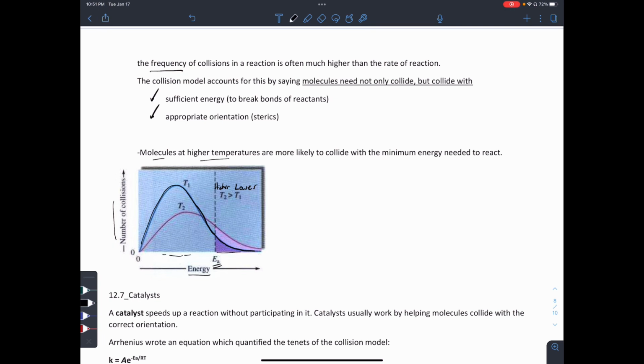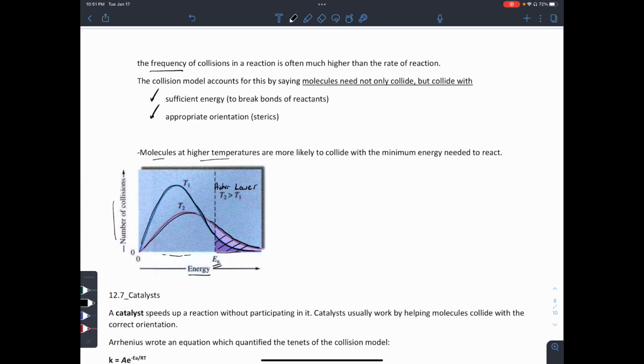However, if we look at T2, where the distribution of energy has been spread out, we get this shape of curve. The total number of collisions between particles that surpass the activation energy actually is larger. Can you see the area under the T2 curve is larger at this high energy region of the scale?